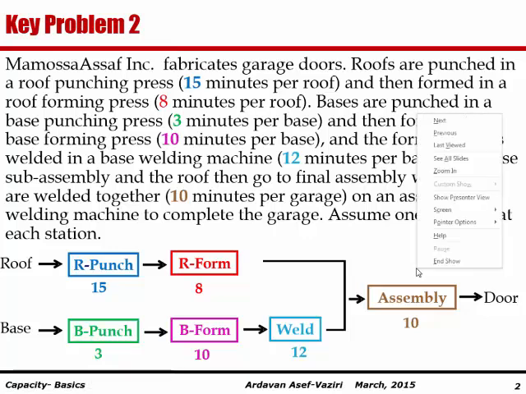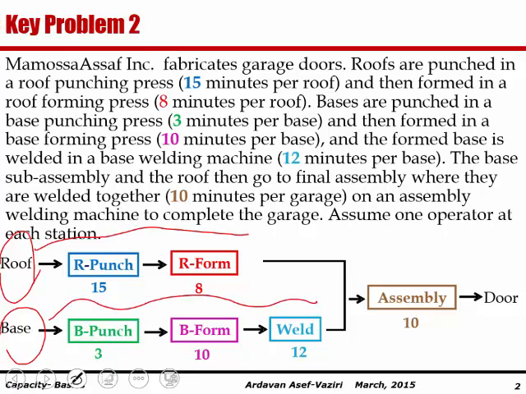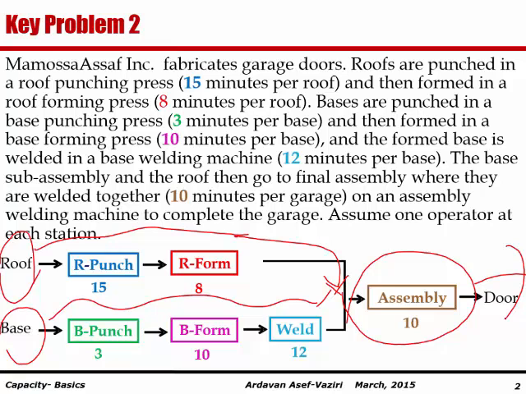We have a product. It has two parts, roof and base. Roof goes through two activities and base goes through three activities, and then they come to this point. They will be assembled, they form a complete product, and they go out.